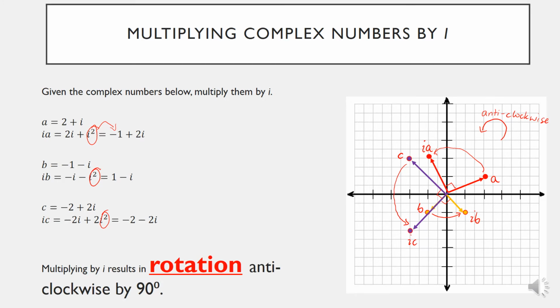So multiplying by i results in rotation anti-clockwise by 90 degrees. So there are 3 pieces of information in that description: rotation firstly, then anti-clockwise gives the direction, and by 90 degrees is by how much.